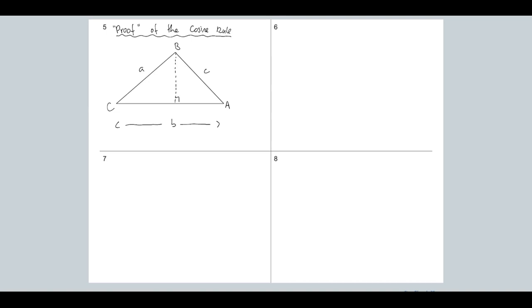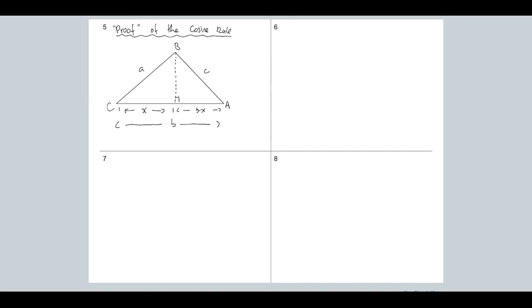Okay, so what I'm going to do now is use the left-hand length, which I'm going to call x. If the left-hand length is x, then the right-hand length is b minus x.